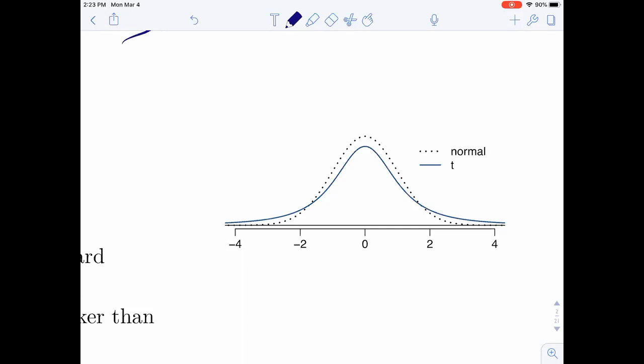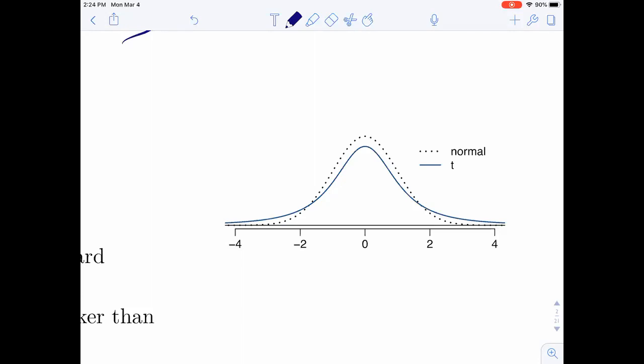to seeing. The z closes in on the axes pretty quickly, right? Goes up and then plunks down on the axes pretty quickly. Whereas t has more space in the tails, right? So it's kind of lifted off in the tails. One thing is that no matter what the shape of the curve is, the total area under the curve is still 1, right?